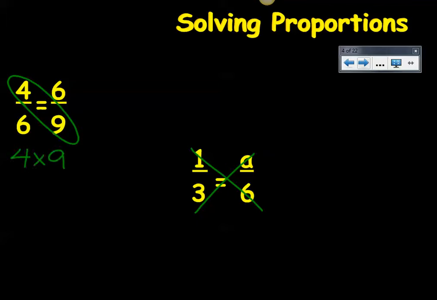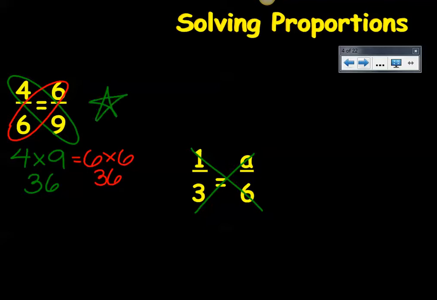Write that down with me. My other cross product is the other diagonal, so my other cross product would be 6 times 6. Well, do those two things equal each other? 4 times 9 is 36. 6 times 6 is 36. Since they equaled each other, I would say, yes, this made a proportion. So in proportions, it's two ratios that are equivalent to each other.